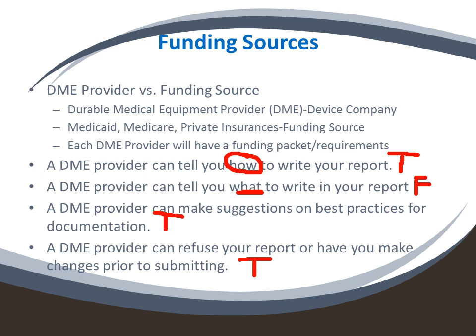So they have a responsibility of making sure that everything that you're documenting is following the guidelines of the funding source, and they have the right to tell you when it's not. All right, you guys did really well.